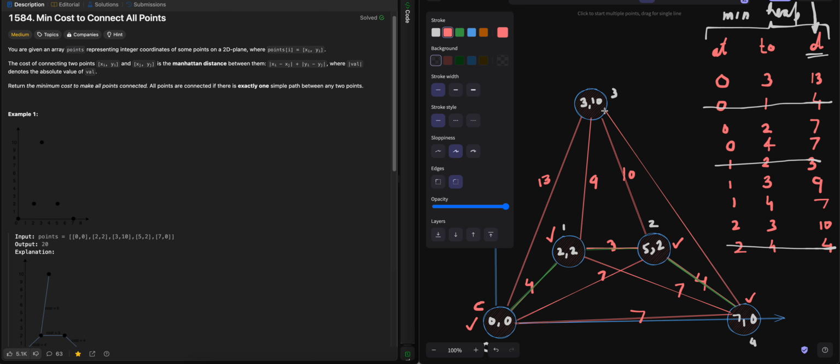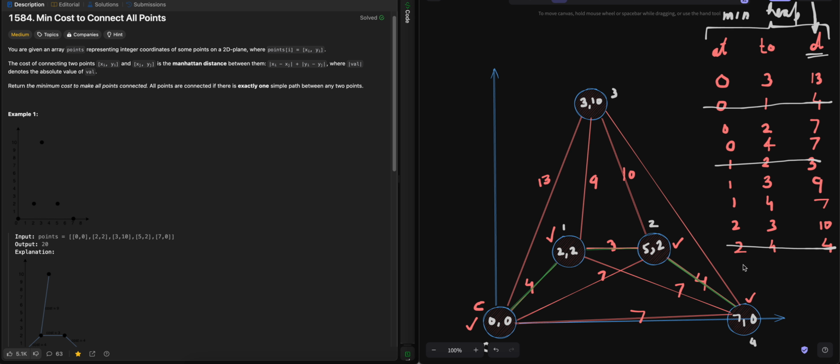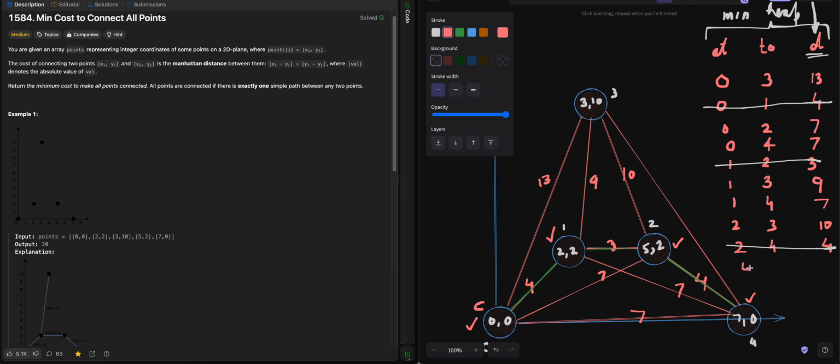There is one unvisited node remaining, which is 3. So the edge is from 4 to 3, and the Manhattan distance is 14: 7 minus 3 is 4, 0 minus 10 is 10, and 10 plus 4 is 14.